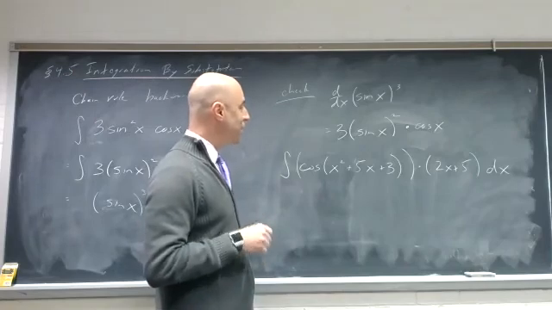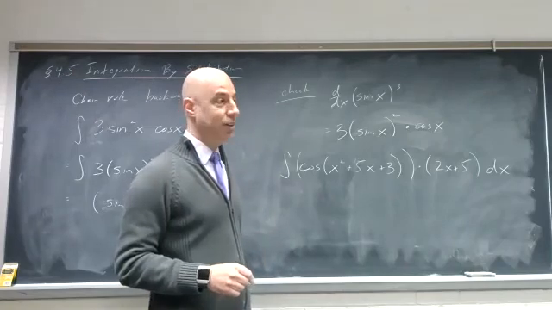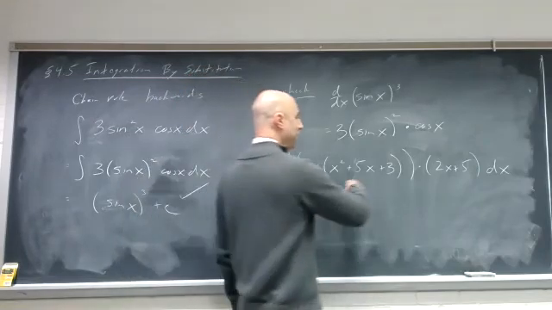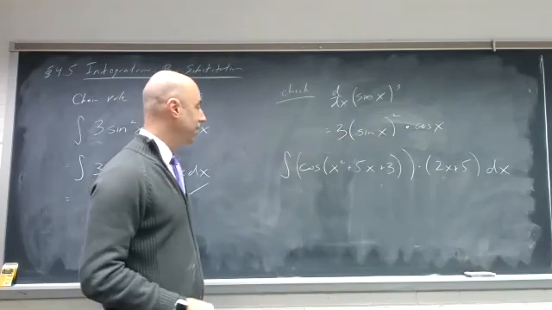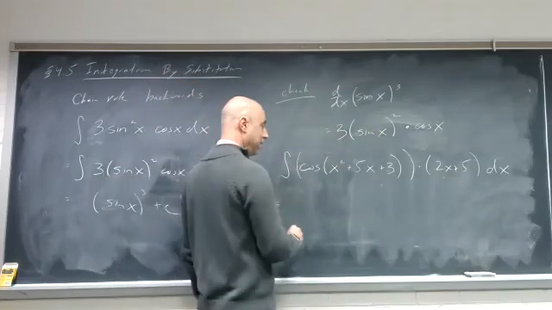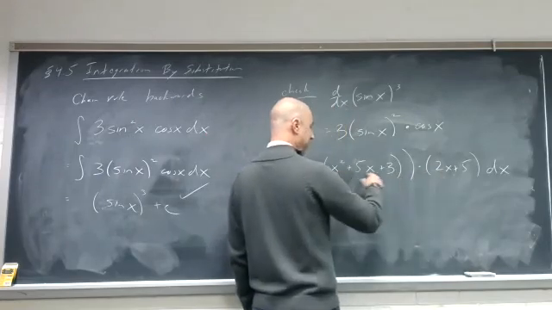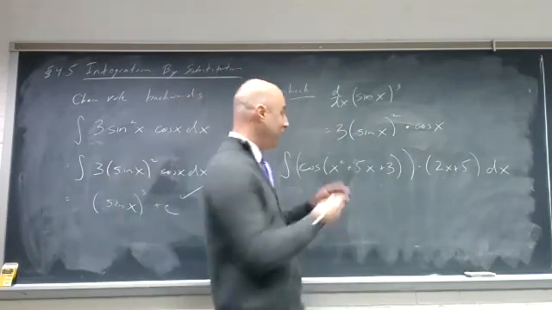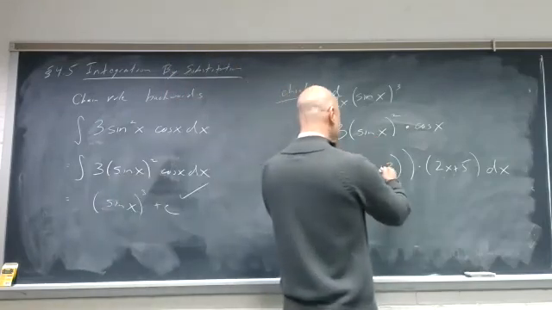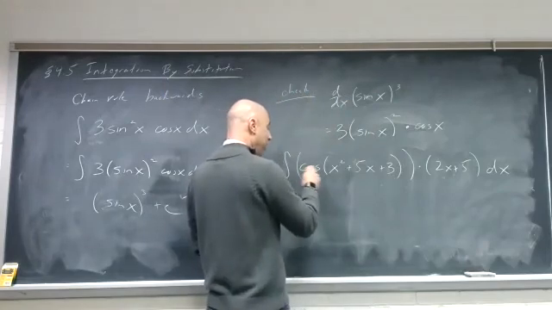So again, somebody took the derivative of something, they used the chain rule, and they ended up with this. You look right away and see, oh, 2x plus 5, that's just the derivative of x squared plus 5x plus 3. And when you use the chain rule, the last thing you do is take the derivative of the inside part. So where did the cos come from?